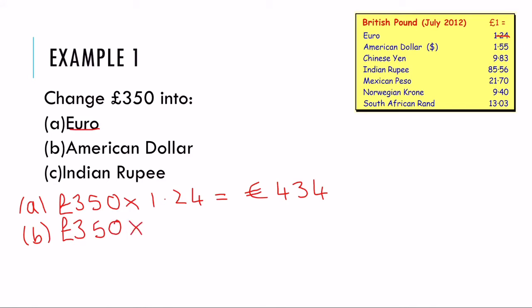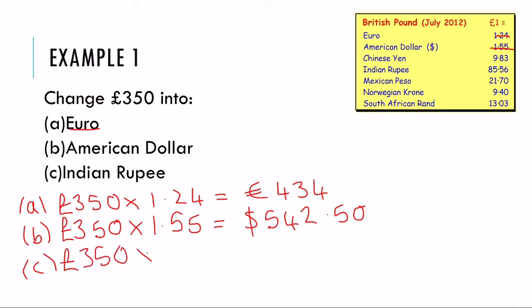So this time we are using the 1.55 exchange rate, which will give me $542.50. And lastly, we're changing to Indian rupee. So I take £350 and times it by the exchange rate for Indian rupee, which is 85.56, and that gives me 29,946 Indian rupee.